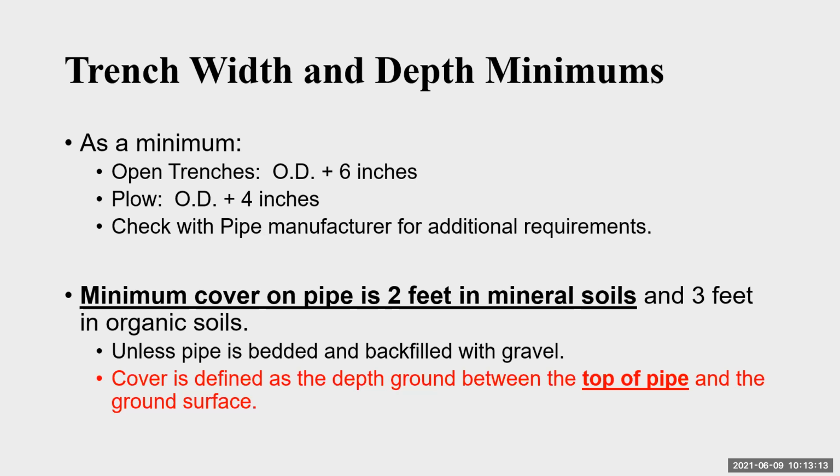There's a difference between pipe and tubing. Pipe is normally measured from the inside diameter. Tubing is typically from the outside diameter, but just understand that every time we talk about subsurface drainage pipe, if it's 6 inches, 8 inches, 10 inches, whatever, we're talking about the inside diameter. So the outside diameter is going to be a little bit bigger than that. So a 6-inch pipe may actually be 8 inches outside to outside.